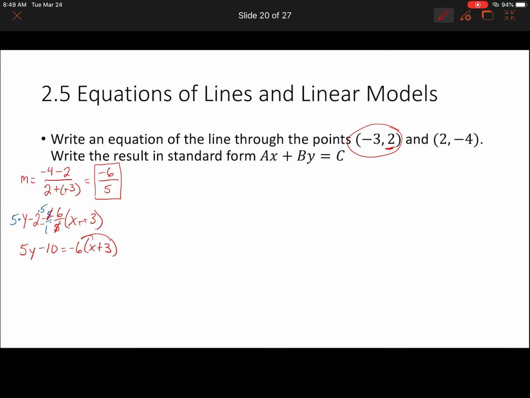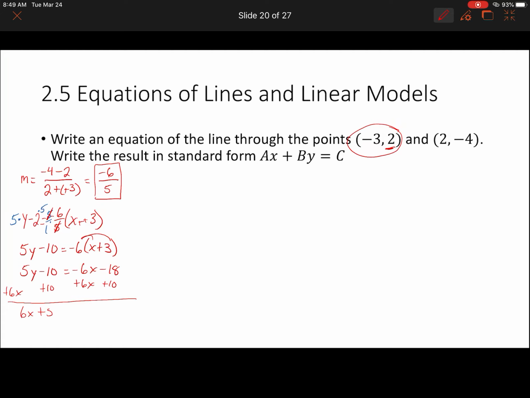And now again we need to move the x term and y term to the same side and constants to the other. And so we'll start by distributing. And we'll have 5y minus 10 is equal to negative 6x minus 18. And then we'll add 6x. And in the same step, I am going to add 10 also.